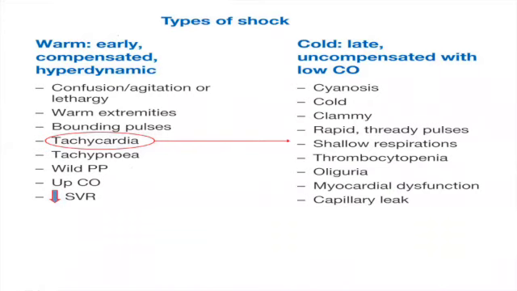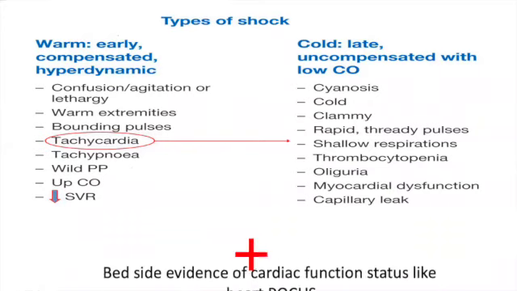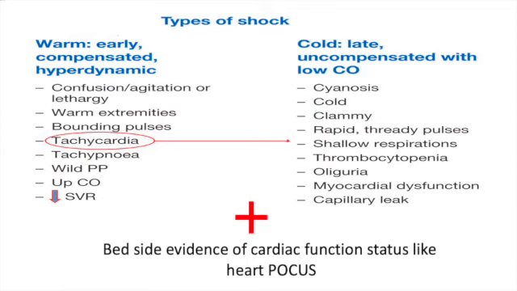But if I told you I did a point of care ultrasound, a bedside evaluation of cardiac function, and I found depressed cardiac function, does norepinephrine still stand as your choice, or do you want to change your choice of inotropes in case of warm shock and depressed cardiac function? No, the best option will be adrenaline.